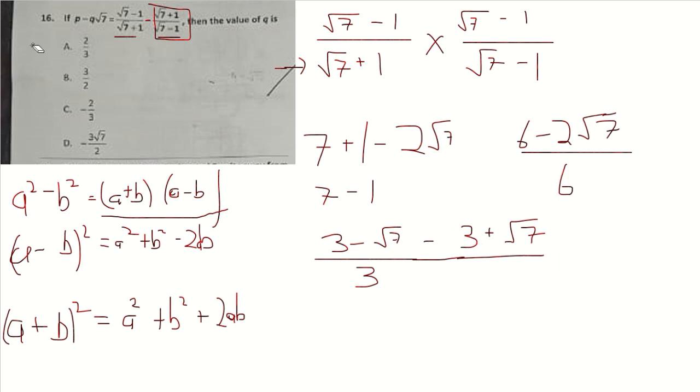So this plus 3 becomes minus 3, so root 7 minus 3, and this 3 plus root 7 becomes 3 minus root 7. So 3 minus 3, and negative root 7 minus root 7. So this becomes minus 2 root 7 upon 3.